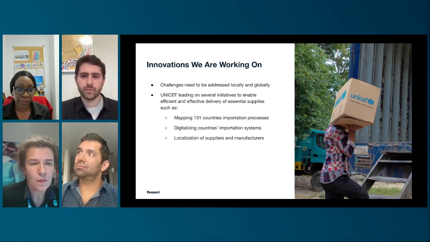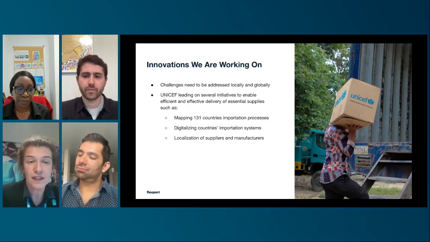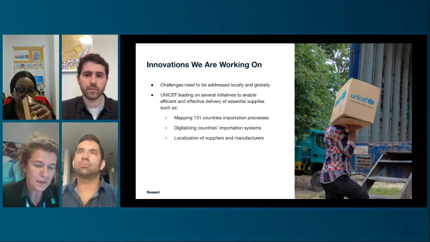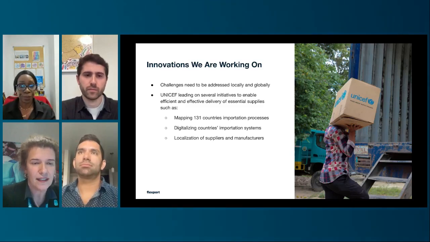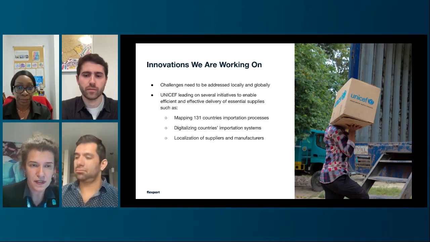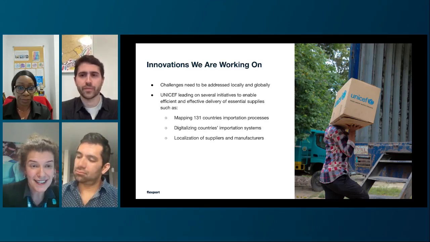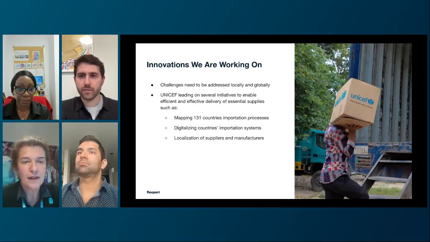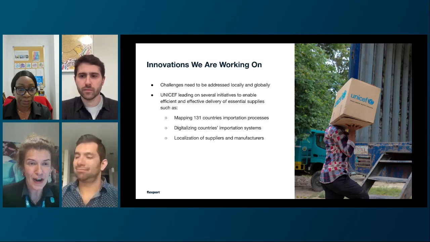So what we're doing at the moment in order to facilitate and understand better this work is that we're mapping over 100 countries' regulatory requirements so that we have a view to strengthening their own systems to simplify these processes and to make sure that these vaccines, for instance, reach the kids that they are meant to faster and in a more agile manner.